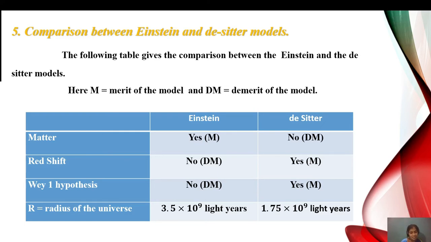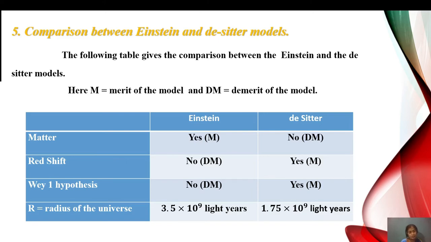Then Einstein says matter is present, yes it will be present, that is a merit. But de Sitter said that matter and radiation are not present in the actual universe. This is the demerit of the model, meaning this is a wrong explanation of the actual universe.